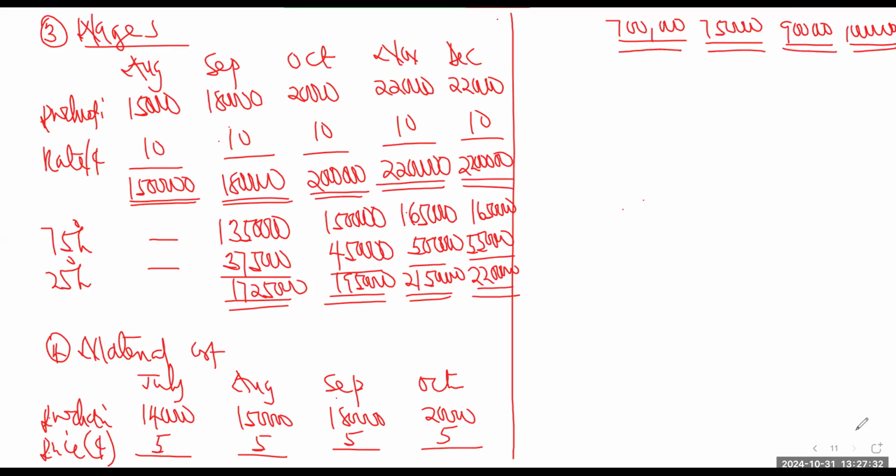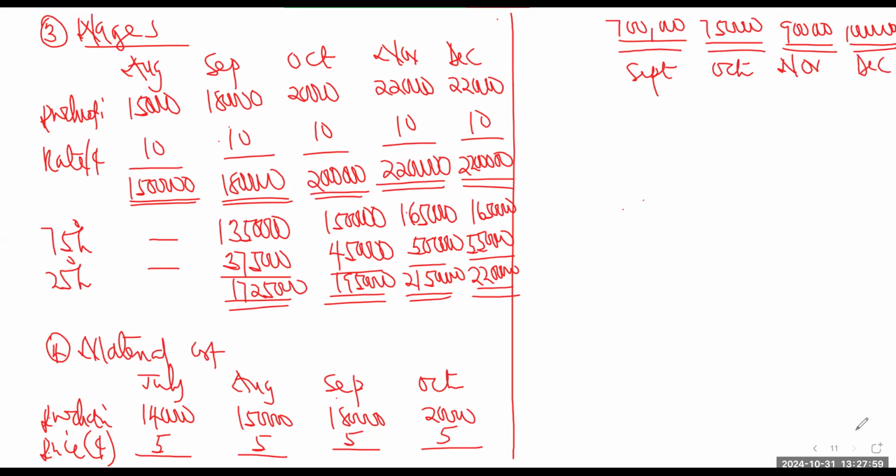Okay, let's come here. July will be paid in what? September. Okay. August will be paid in what? October. And November, December. September will be paid in November, isn't it? Yes. Okay. So we have November here, and this will be paid in December. Okay.